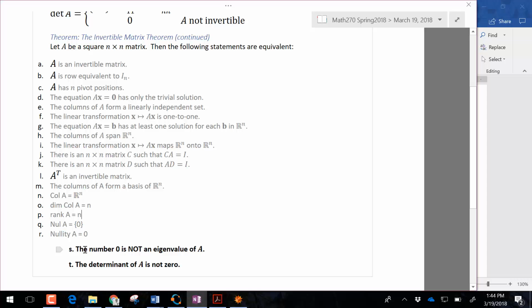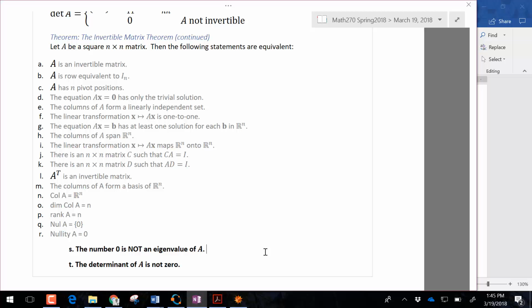And then the eigenvalue business kind of carries over from that last definition, and the theorem before that says that if 0 is not an eigenvalue for your matrix, then it's going to be invertible.